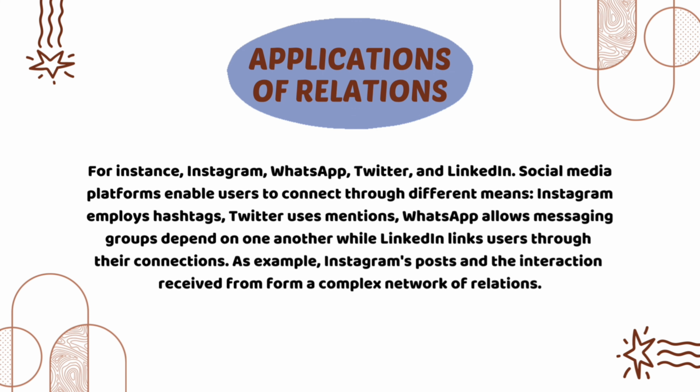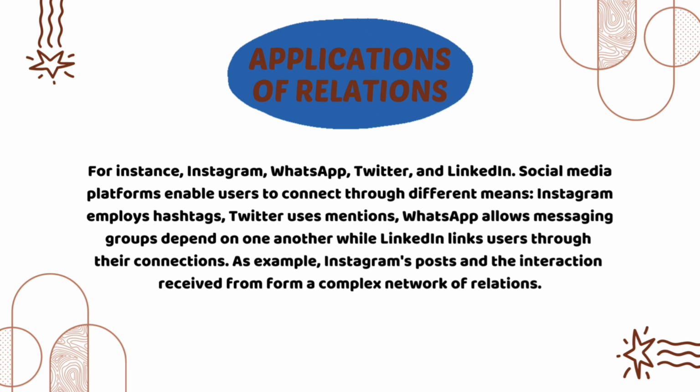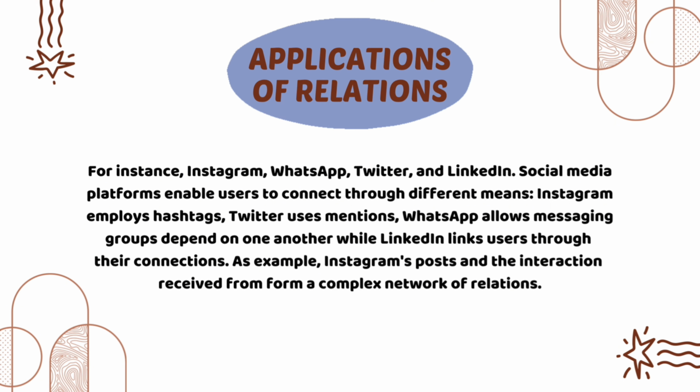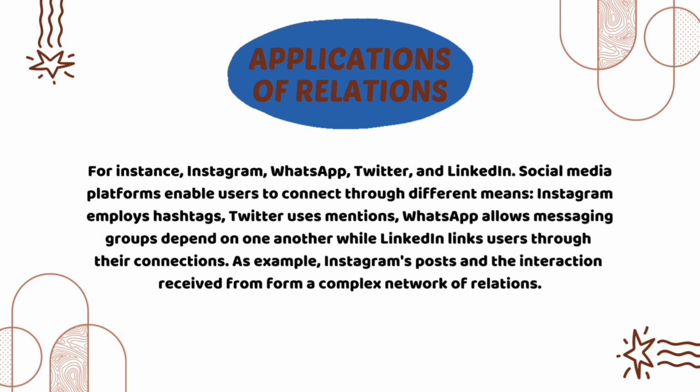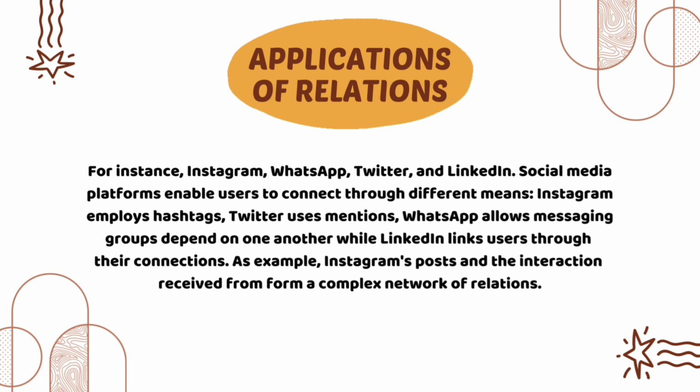WhatsApp allows messaging groups, forming an undirected graph, where each group is a complete subgraph and connections depend on mutual group membership. And LinkedIn links users through their professional connections, which can be represented as a network graph, illustrating nodes, the users, and edges, which are the connections.